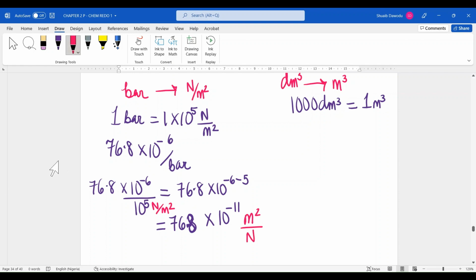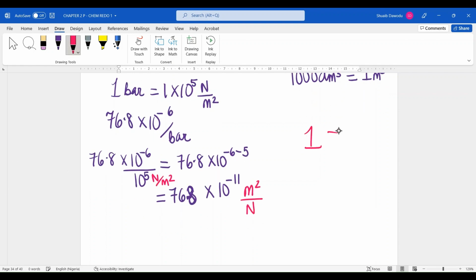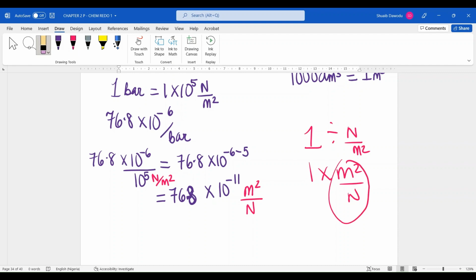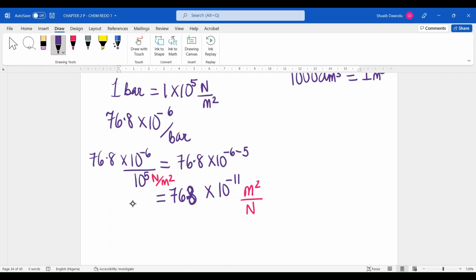So the new unit is just meter squared per Newton. That's a quick one. So rewriting it, the new value for KT is 76.8 times 10 raised to the power of negative 11 meters squared per Newton. So this is basically the first part.